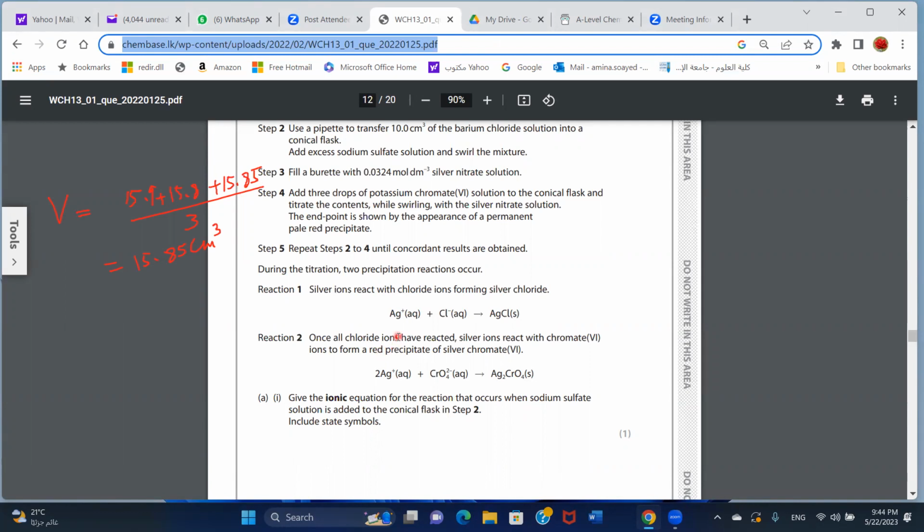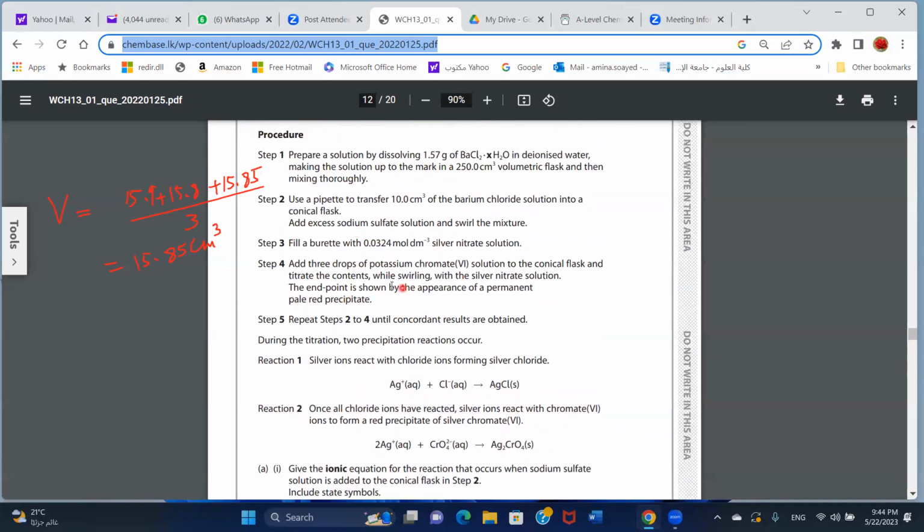It was between the silver and the chloride, isn't it? So what is this volume? This volume was for what? Would you please read? A silver nitrate solution. Yes, excellent.